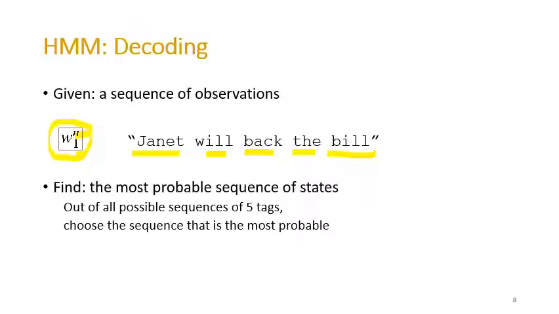Now our task is to find the most probable sequence of states. In other words, out of all possible sequences of 5 tags, we choose the sequence that is the most probable for that sentence.